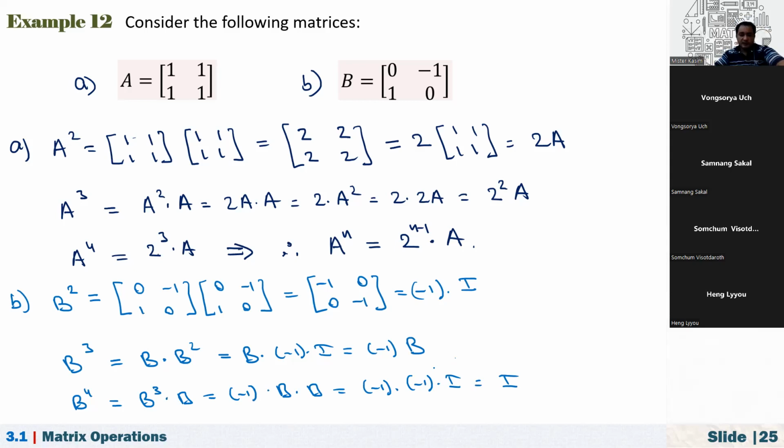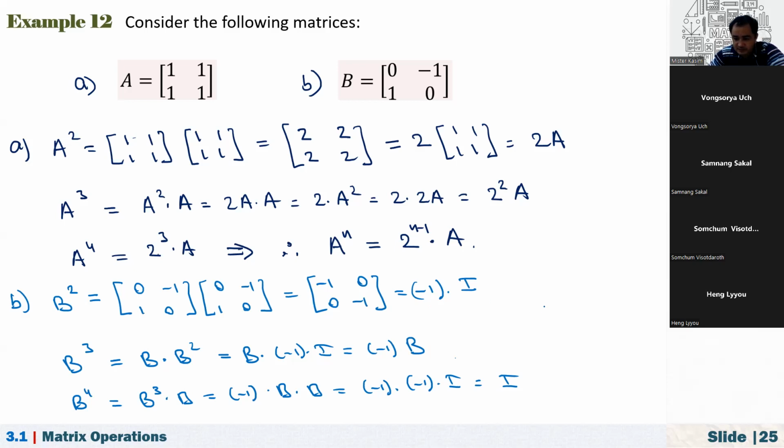If the power is a multiple of 4, it's always equal to I. If it is like 3, for example, that's just equal to -B. And if it is 2, it is equal to -1 times I.